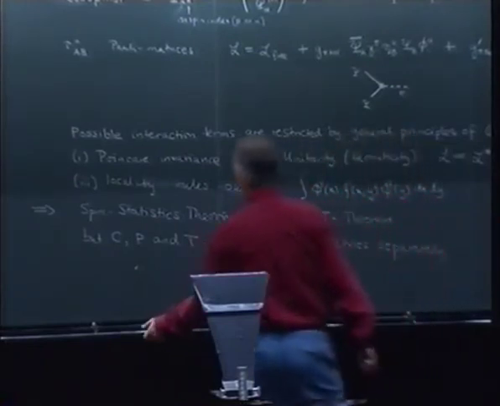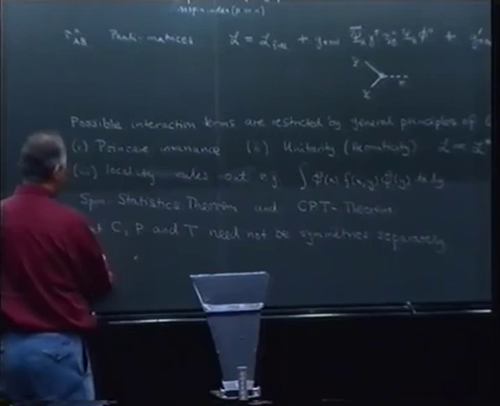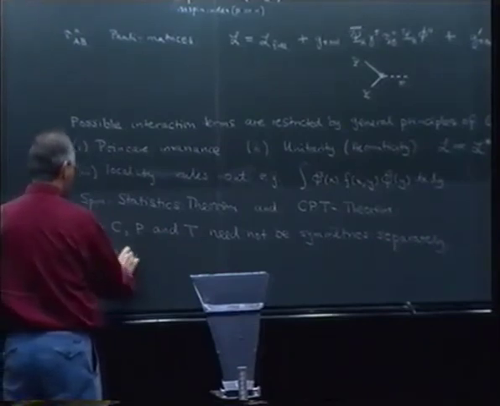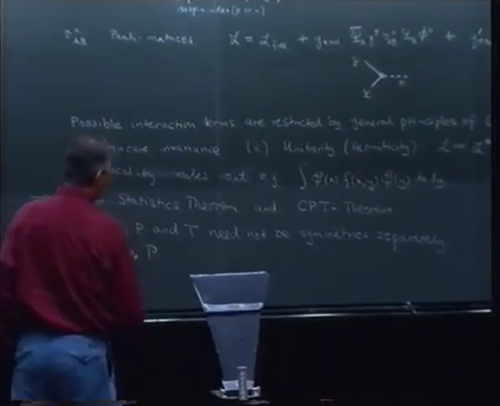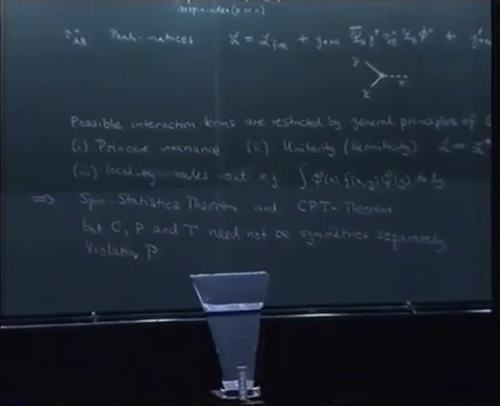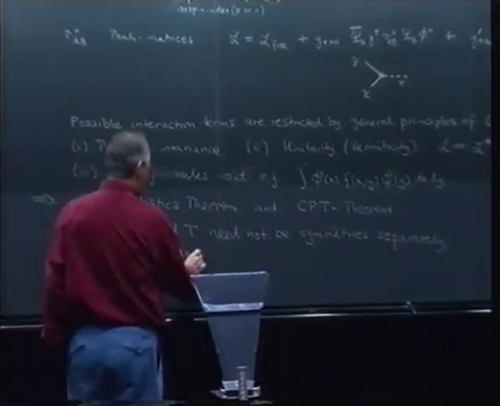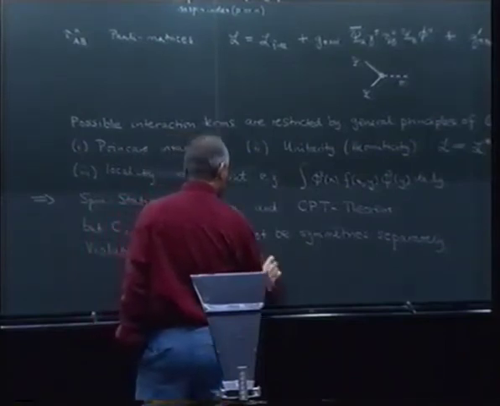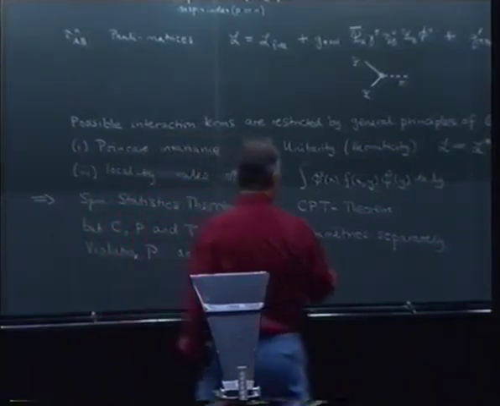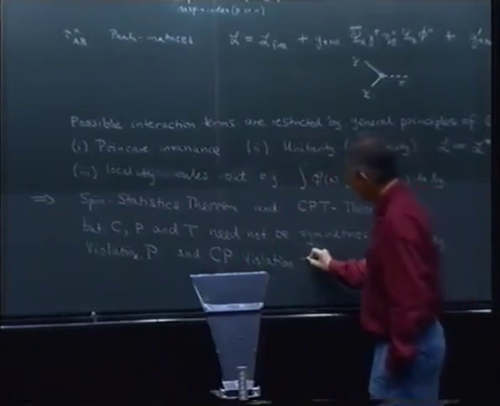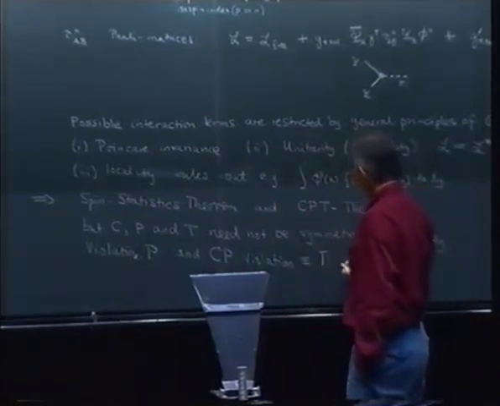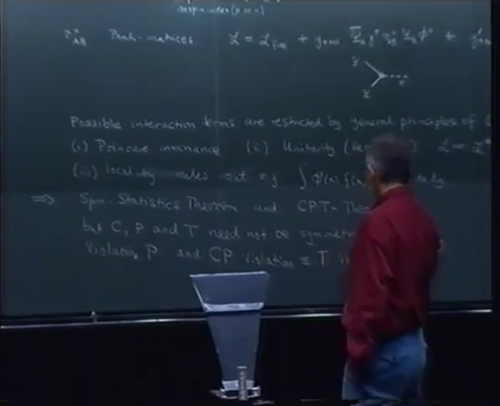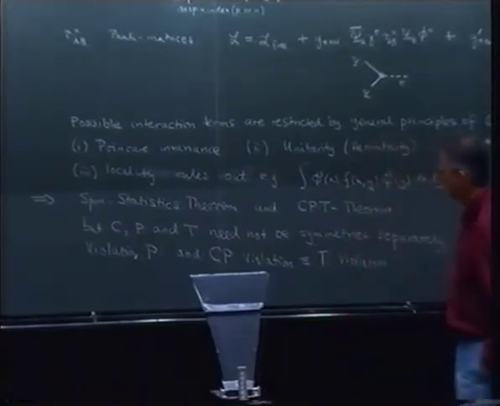So we have violation of P, violation of parity in weak interactions, discovered in the 50s, and we also have CP violation, which by this theorem is equivalent to violation of time reversal invariance. The K K-bar system.